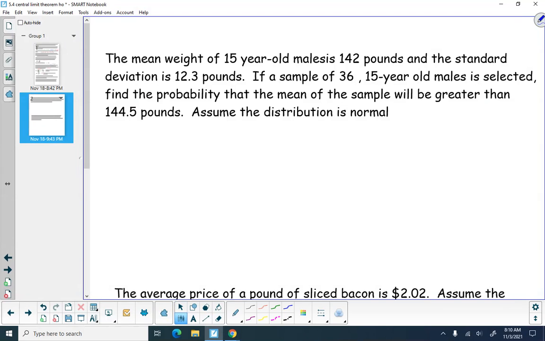So what we're given here is a population mean of 142 pounds. We have a standard deviation of 12.3 pounds.